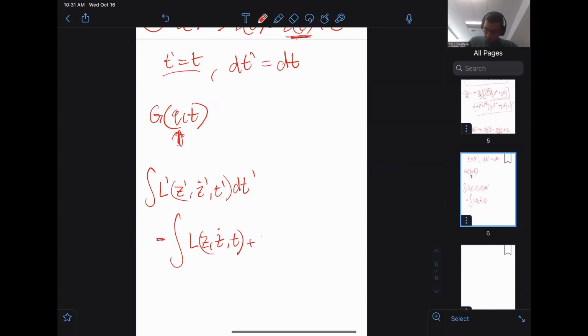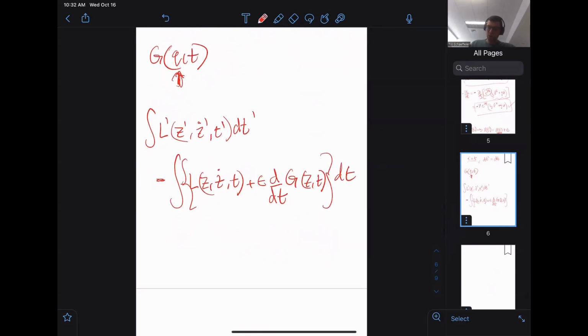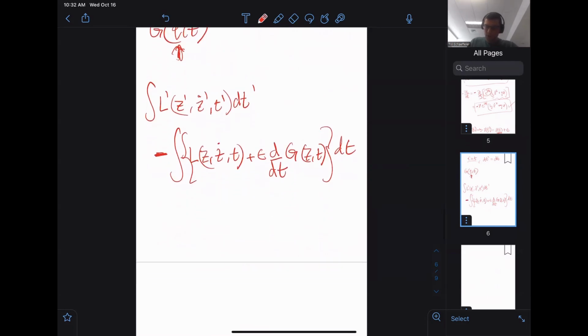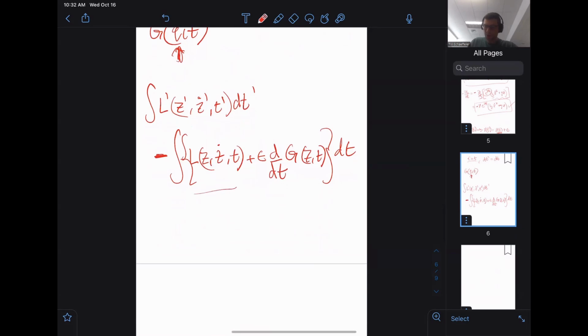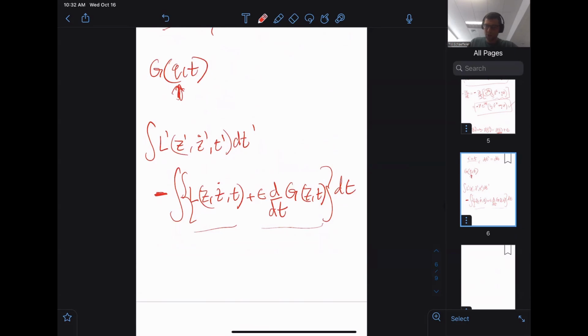Plus epsilon times the time derivative of this function, which in our case is going to depend on z and t. And you take the integral of the prime Lagrangian minus the integral of the original Lagrangian plus this additional part that involves this function g.